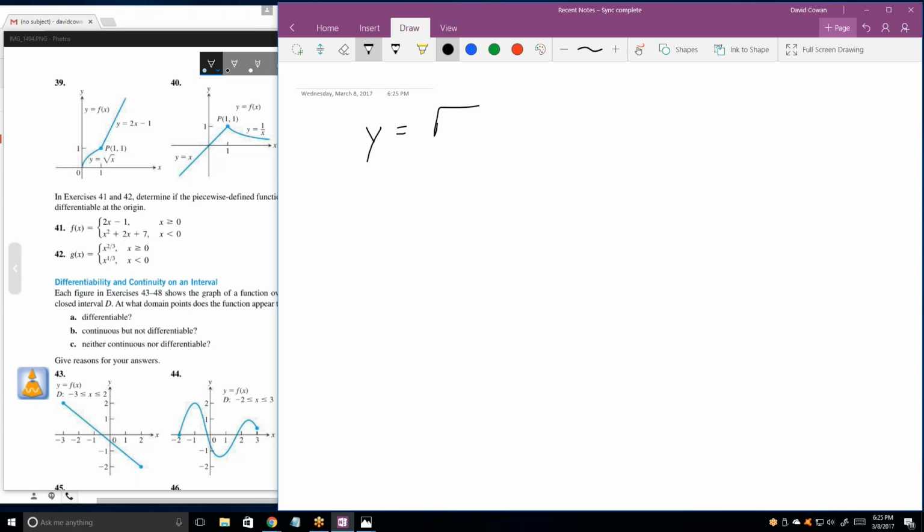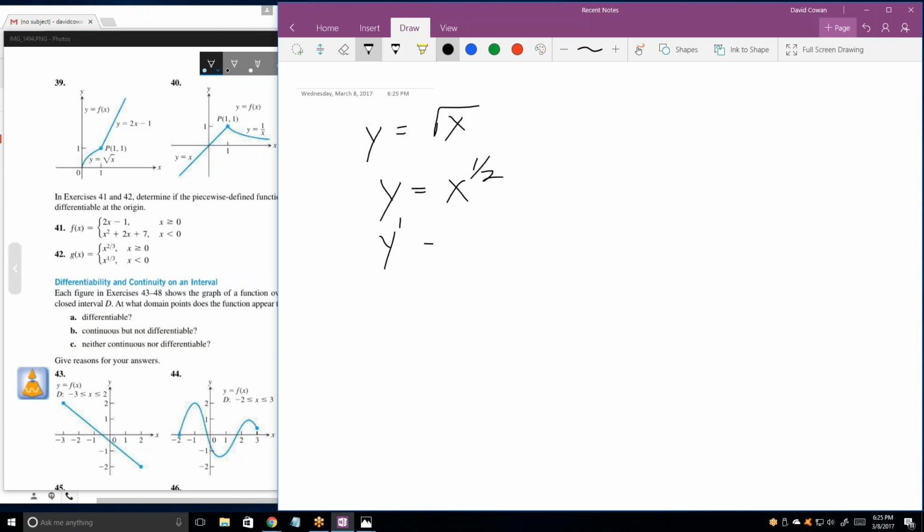Radical signs do not work well in calculus. Every time you see a radical sign, convert it to an exponent, always. Because once you've got a fractional exponent, now you can apply the power rule.